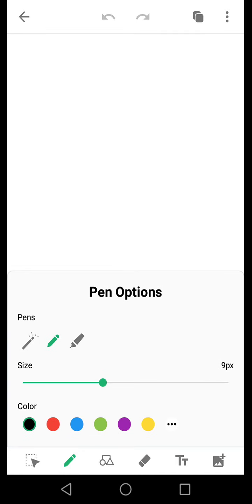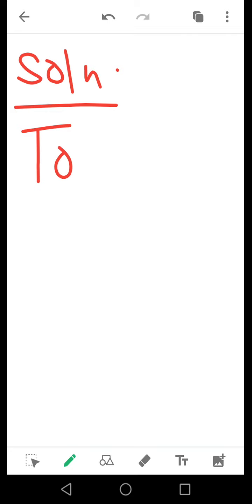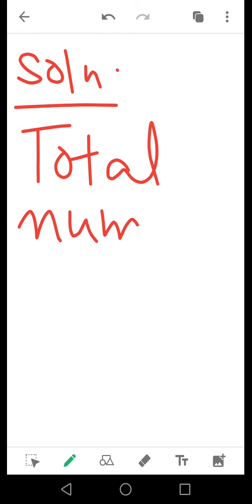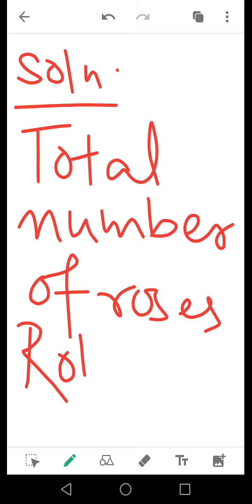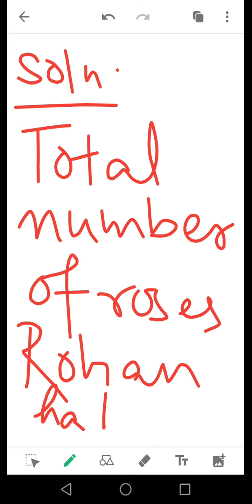Now students, see that here you will use a definite formula, and these types of solutions are very interesting. First of all we mention total number of roses Rohan had. You mention that first. How many roses Rohan had? 30.